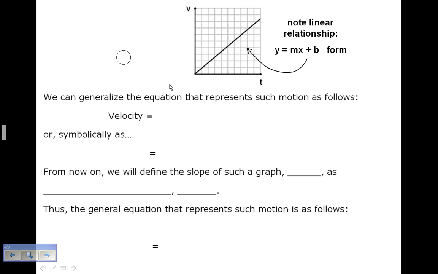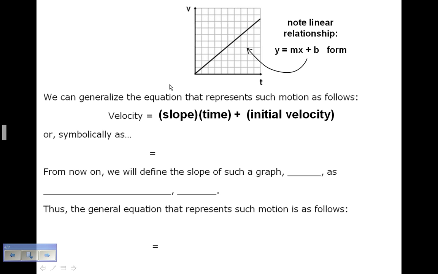Okay, so if we want to develop our model, and we've already done this, but this is a review, we know that our general equation is going to look something like velocity equals slope times time plus an intercept, right? And we identify that intercept value as the initial velocity.